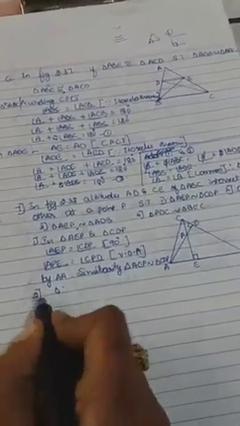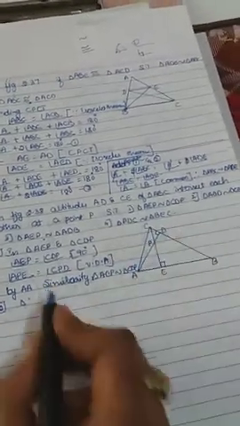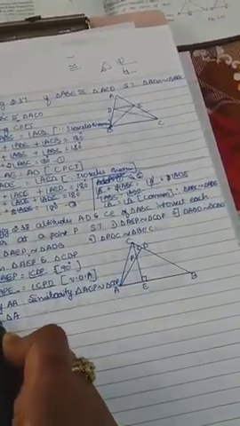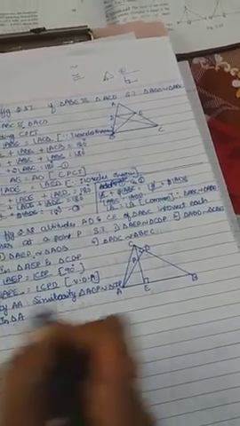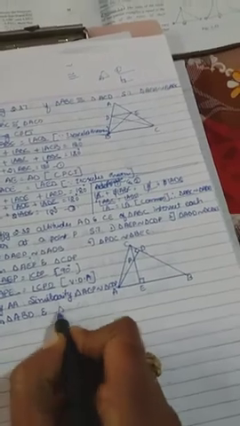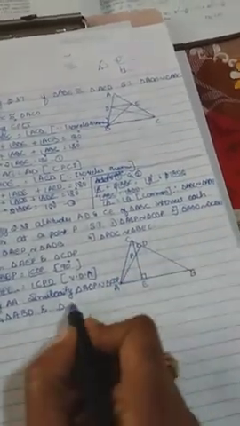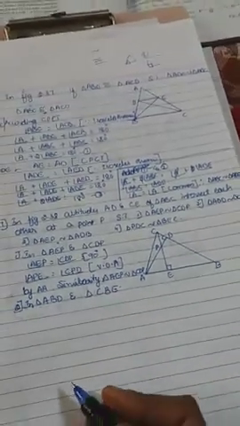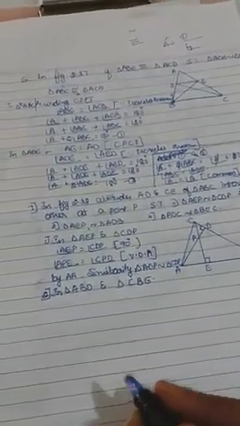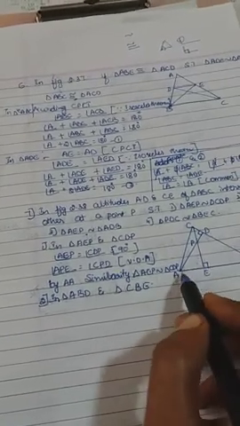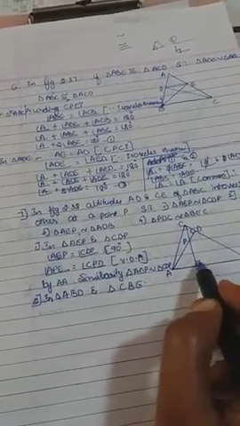Let us move to the second one. Prove triangle ABD is similar to triangle CBE. Whichever triangles they have given, only those triangles we have to take. In triangle ABD and triangle CBE, here also we can take a 90 degree angle in both.